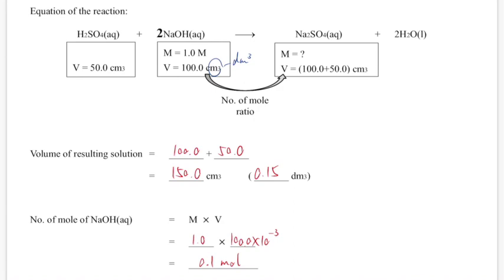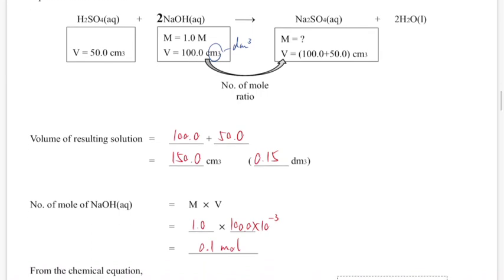So others is the one that you know. So in this case, will be sodium hydroxide. And the one that you want to work out is yourself. So you are sodium sulfate in this question. So you should divide it by others coefficient, which is 2 here, and then multiply by your coefficient, which is 1 in this case.